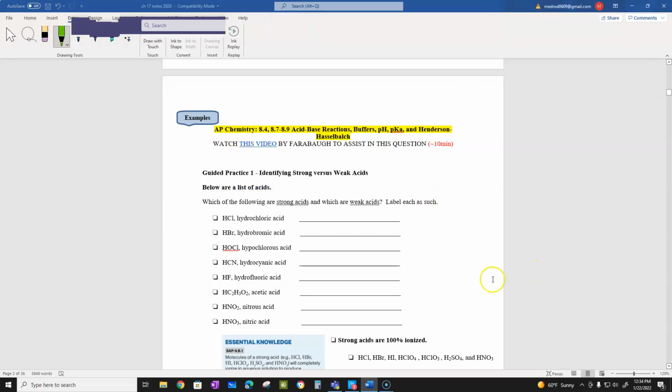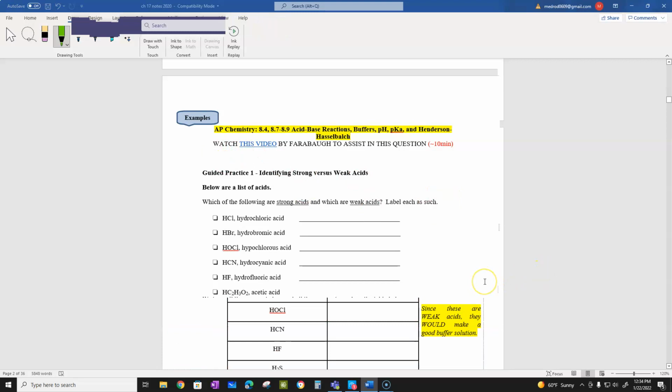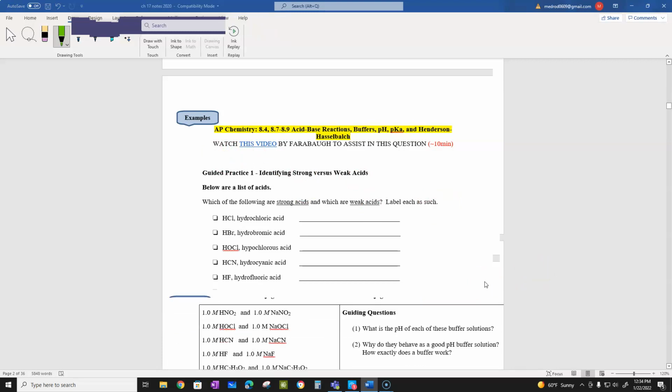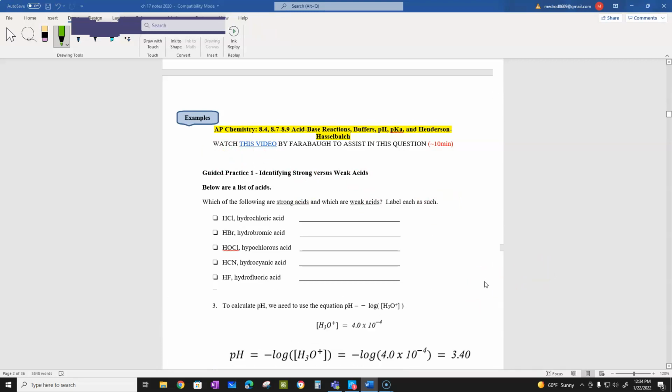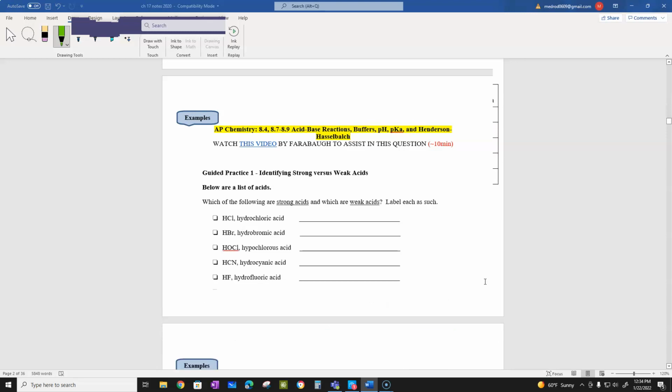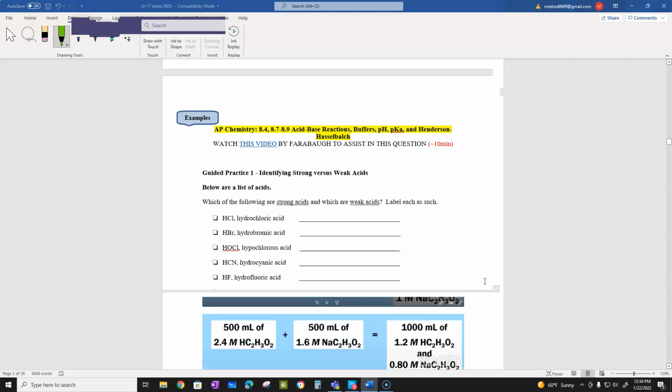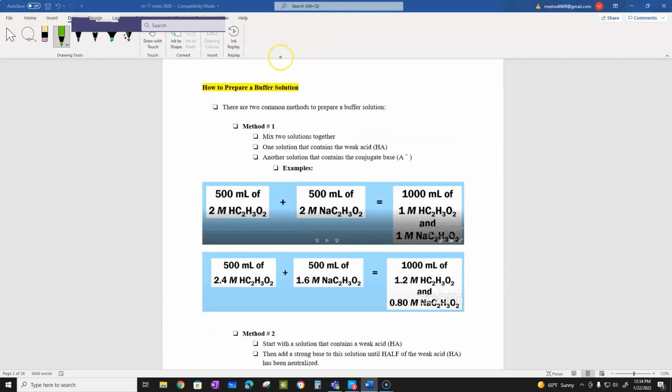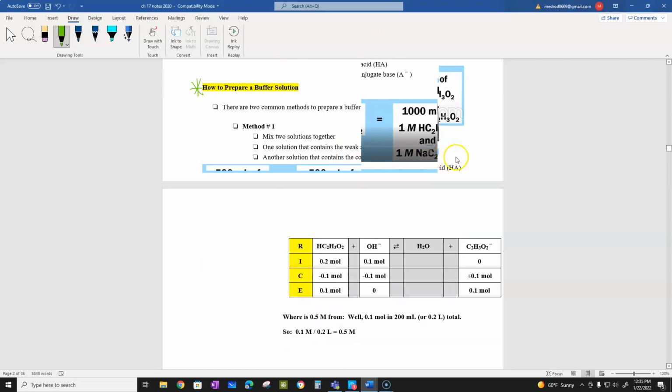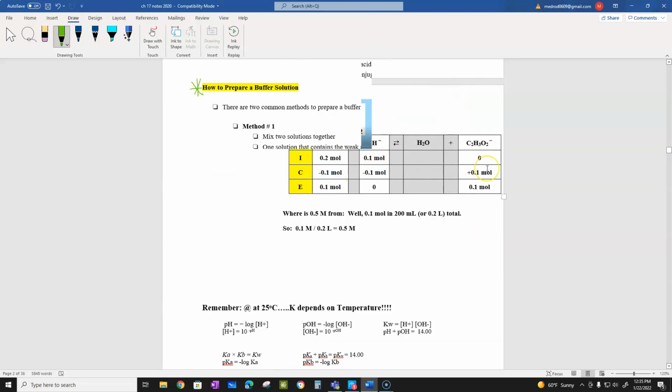So you're going to do this example, and more examples, and more. This one right here is going to be very important on how to prepare that buffer solution. Okay, and this is how we're going to help you with the ICE charts.